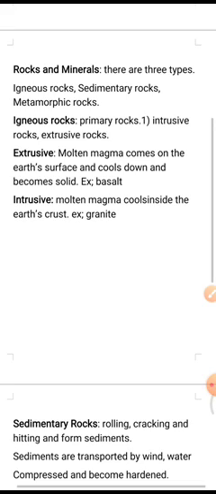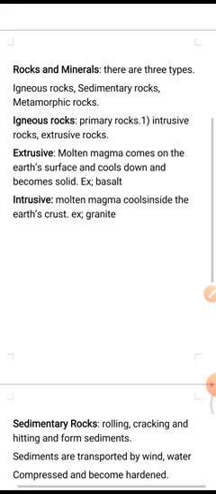These sediments are transported through wind and water, and these loose sediments are compressed and hardened to form layers of rock. Compressed means pressed or squeezed layer by layer, and it becomes hardened and forms layers of rocks.